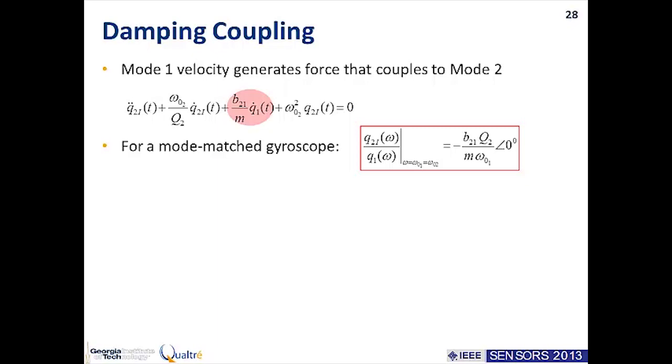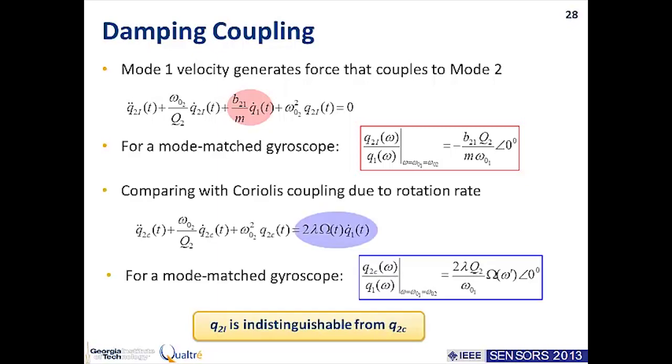But if we take a look at a device that we have already been able to mode match by compensating for stiffness imperfections, what we see is that the ratio of the error signal that you get due to damping coupling with respect to your drive signal is actually 0 degrees off. And if we compare this with what you would get from a rate signal, we see that the two of them have the exact same phase.